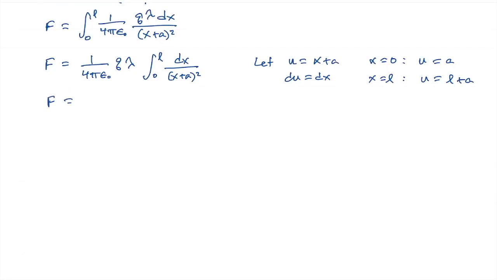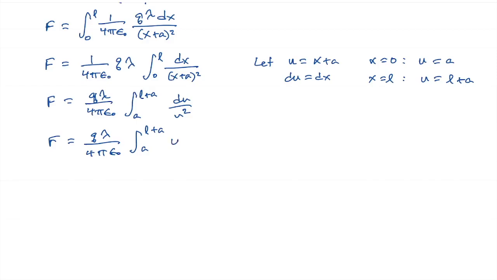Then F is 1 over 4 pi epsilon 0. Let's put our q lambda there. Okay, now integrating over u, starting at a and going to L plus a, we will have du over u squared. Okay, so now we can rewrite this: q lambda over 4 pi epsilon 0, integral from a to L plus a of u to the minus 2 du.